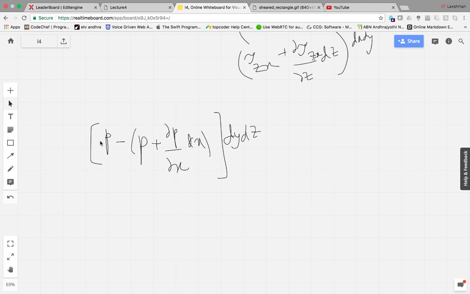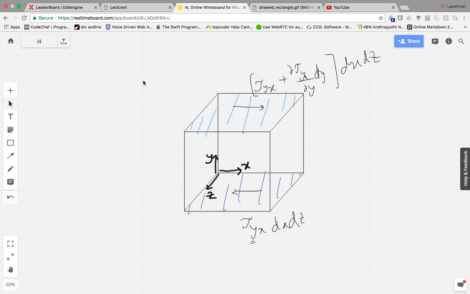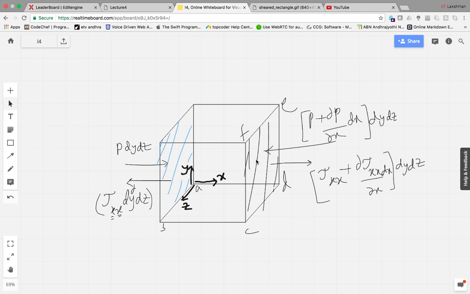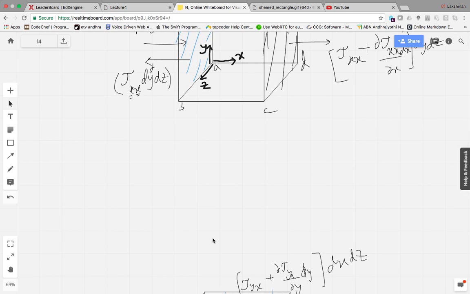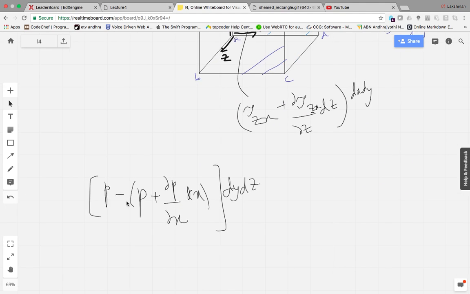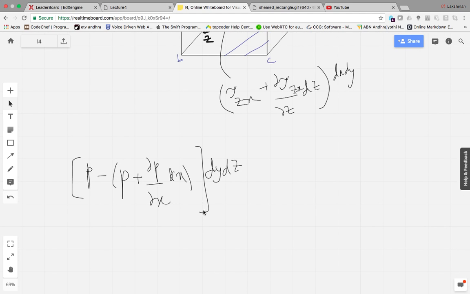We can go back to the left and right planes. P dy dz is pointing along the x direction, and P plus dP by dx dx is pointing along the minus x direction. So this minus this, that's what I had written. That was the pressure.